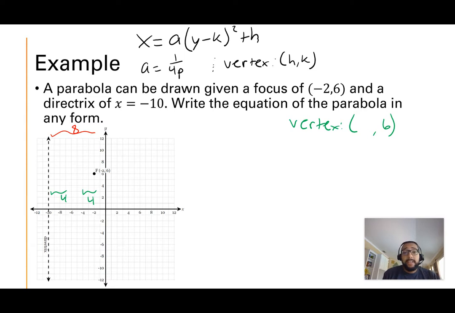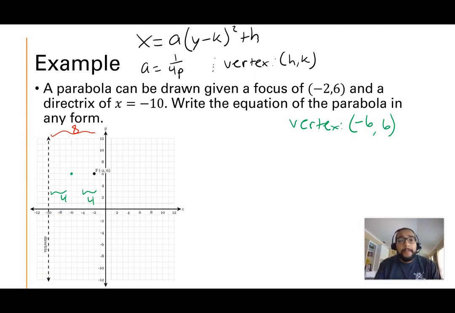Doesn't matter because we'll end up in the same position. So if I count 4 away from there, we'll end up here at an x value of -6.